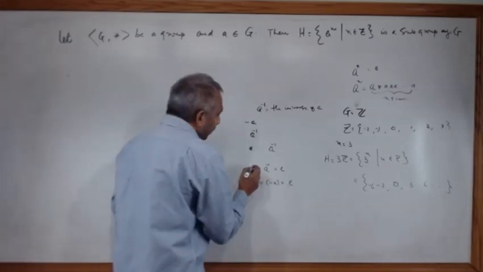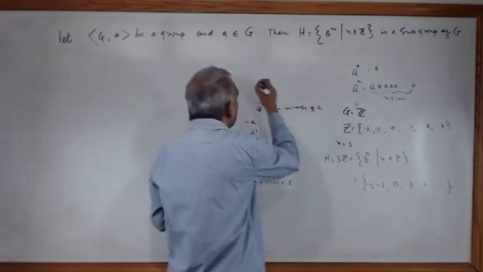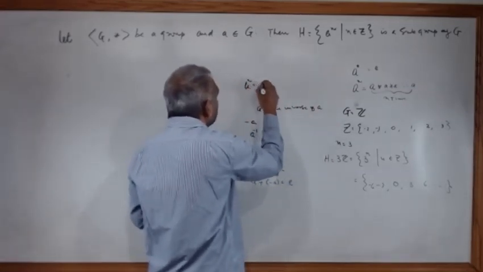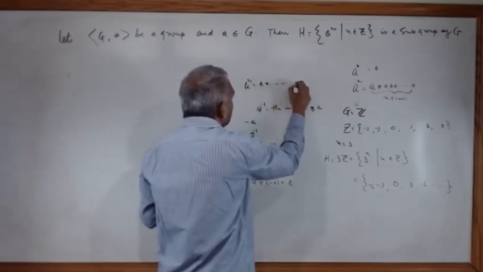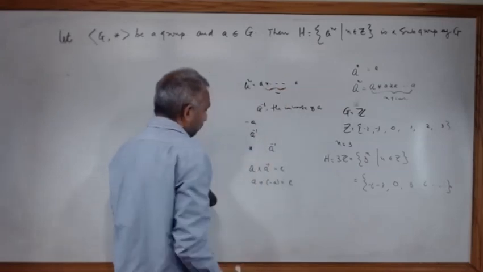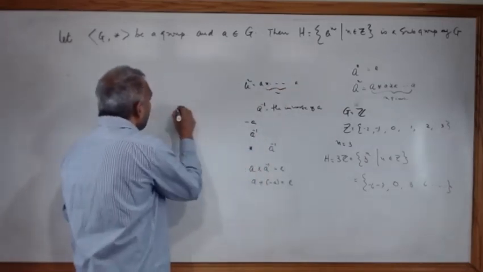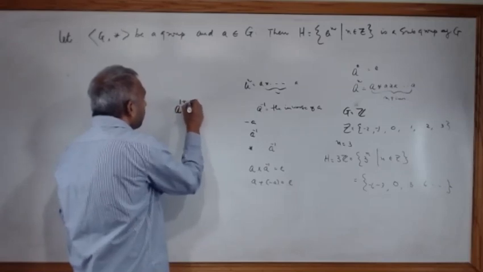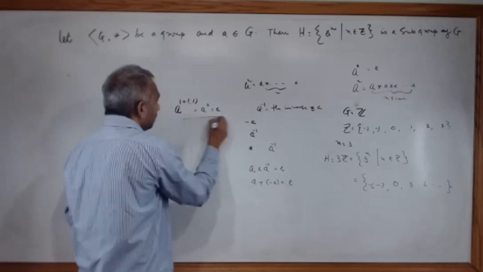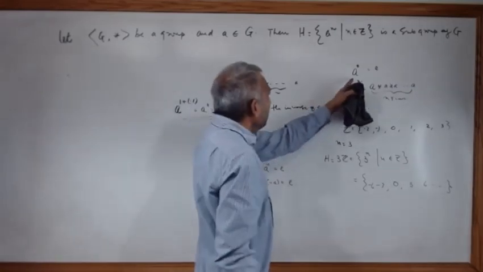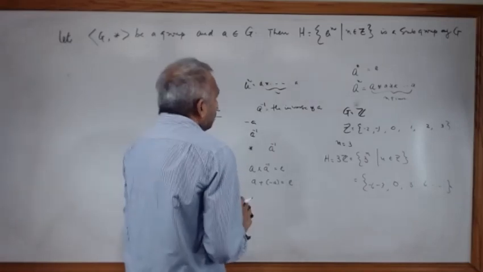So when you have the definition of a to the power of n is equal to a times ... a, n times, here this will be a times a to the power of minus 1, and that is a to the power of 0, and that is e. And that is why we are saying a to the power of 0 is equal to e.